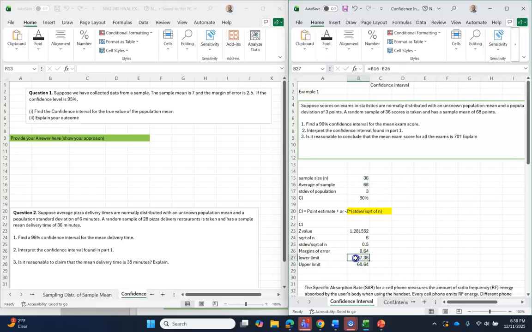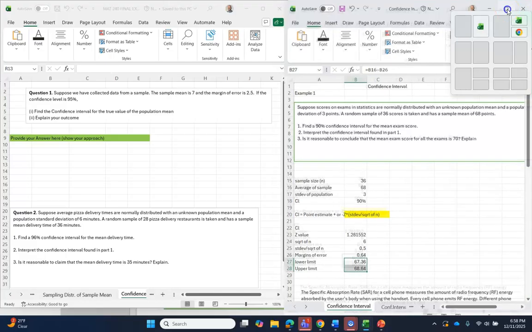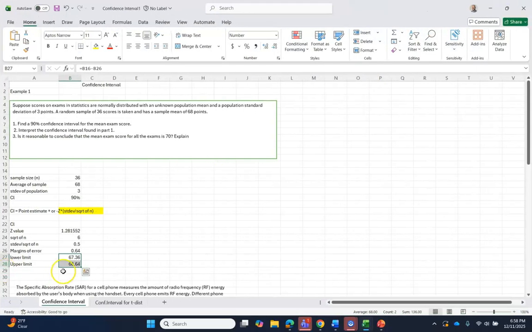So I will have 67.36 and 68.64. Those are the bounds. And I think I'm done with this.